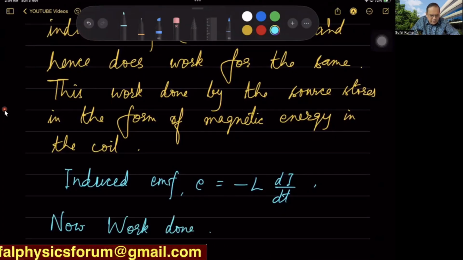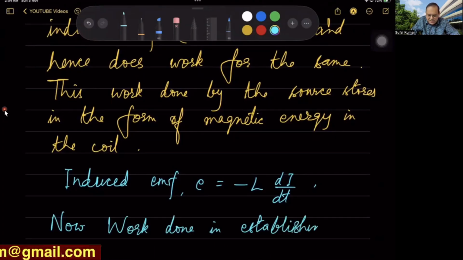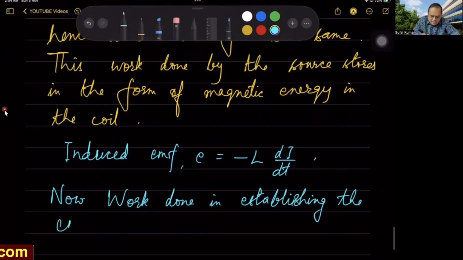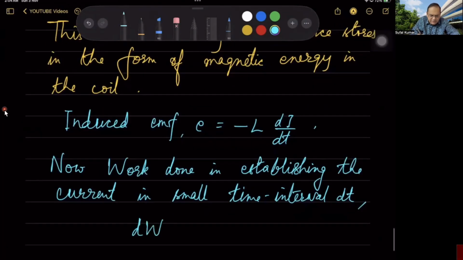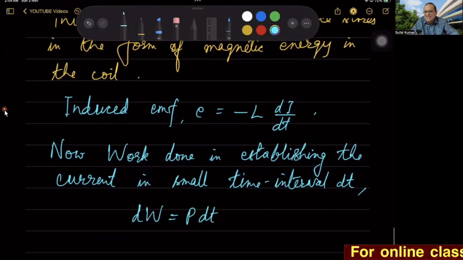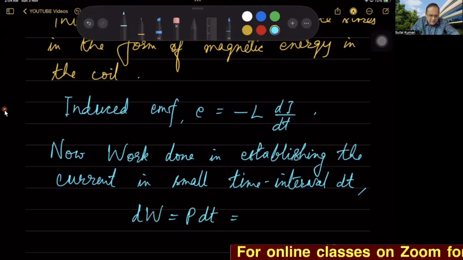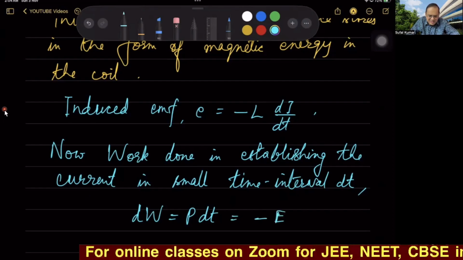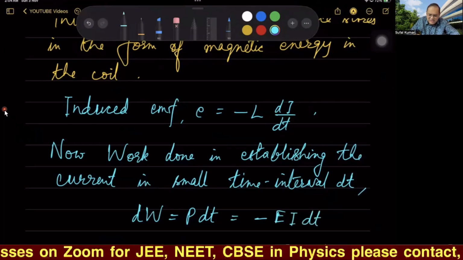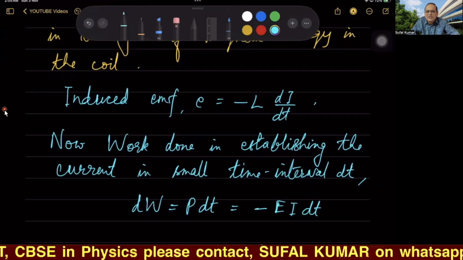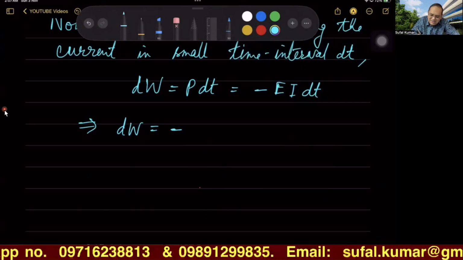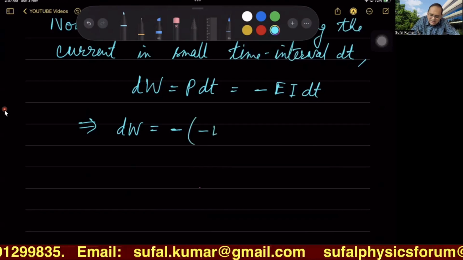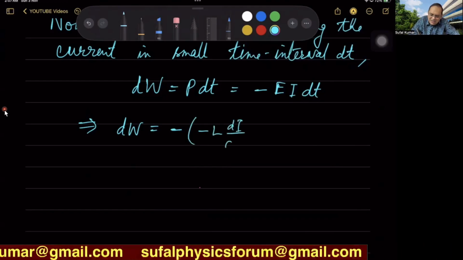Now, work done in establishing the current in a small time interval dt: dW is P dt. P is power, which is equal to minus E I, where E is the potential across that inductor coil, minus L di by dt.